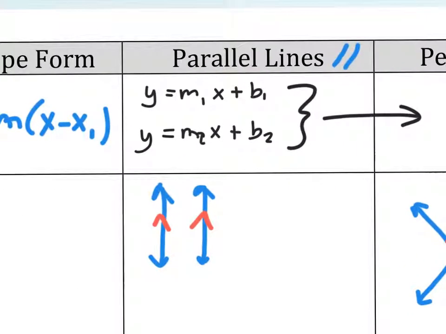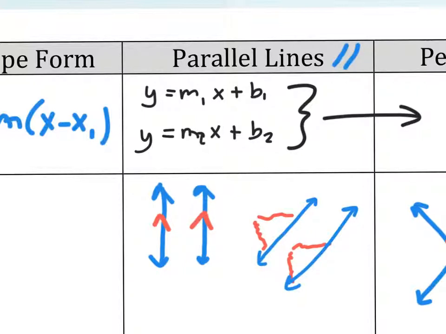So for parallel lines, the key thing is that they never do what? They never intersect on a plane. So if I had a line going in this direction, and it would go up a certain amount and right a certain amount, then this line down here would go up the same amount and right the same amount so that it would never intersect, kind of like chasing each other, right? Well, what is going up and right mean?